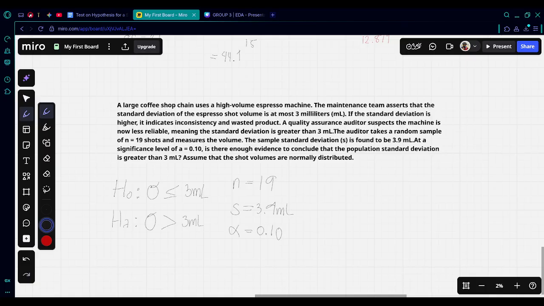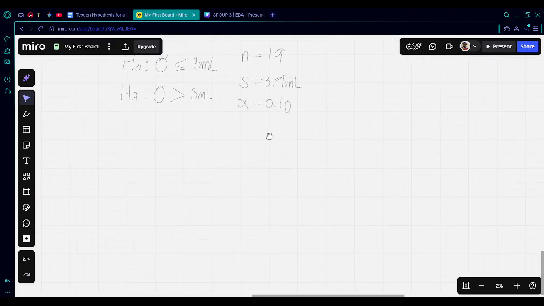So it was asked in the problem: is there enough evidence to conclude that the population standard deviation is greater than 3 ml? Assume that the shots are normally distributed. After we listed our givens, we will now get the degree of freedom.